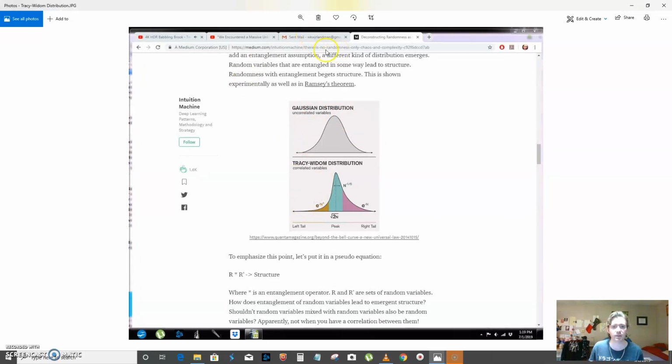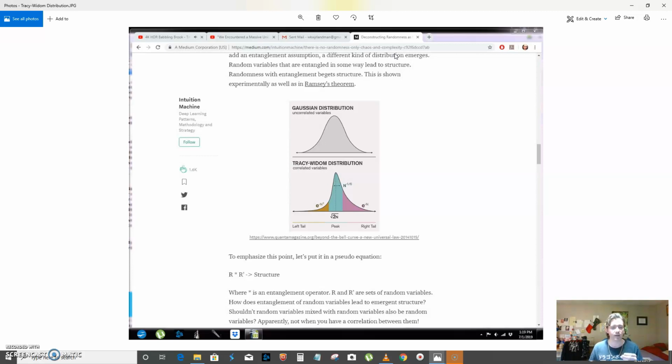Then I started looking on the internet for articles about random distribution and probability, and I came up with this article in Medium called "There Is No Randomness, Only Chaos and Complexity." It's basically about how you don't have true randomness in nature because true randomness is a theoretical limit, and how entanglement and recursion are sufficient to produce all of this emergent complexity that we see in nature.